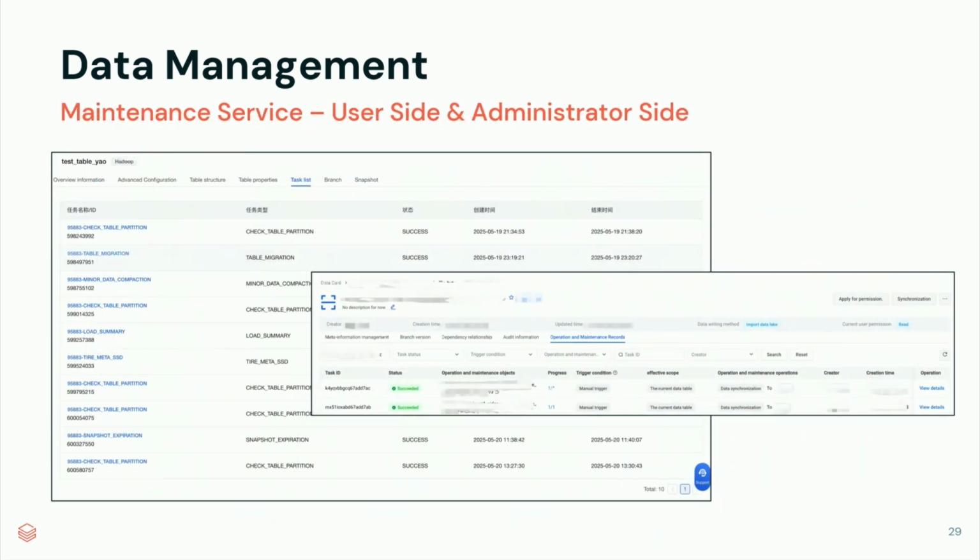For the table maintenance, administrators can see the detailed metrics of all the tasks for a table and manage the task execution as well. The user could trigger certain types of tasks like the table migration, cache creation, and so on through the platform interface.